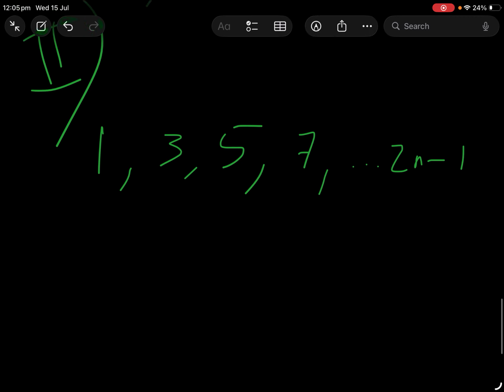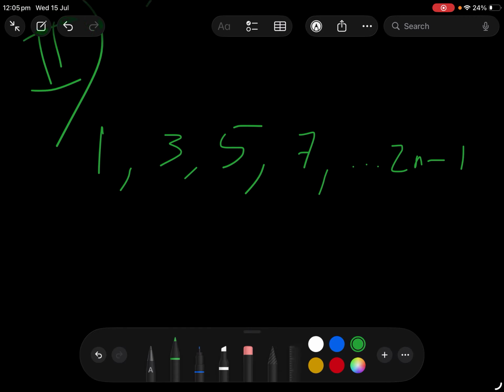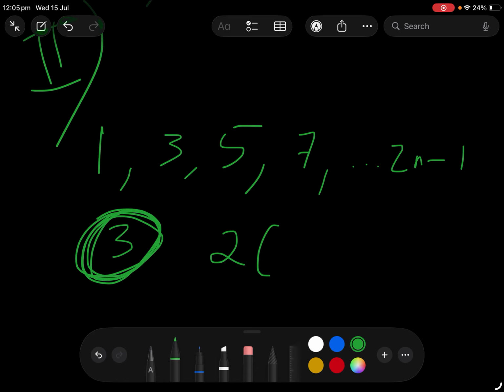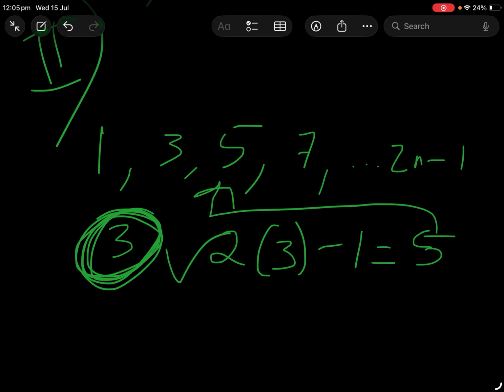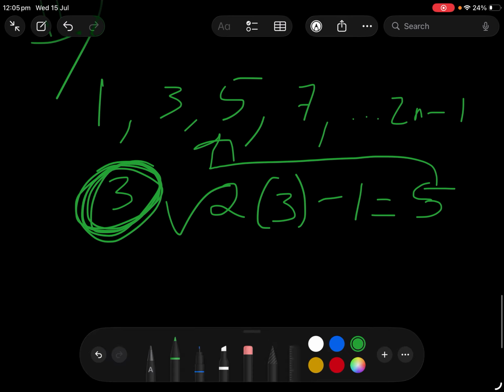Let's check what will be the third odd number. 2 times 3 minus 1, this will be 6 minus 1, that is 5. Is our third odd number 5? Yes, our third odd number is 5. So yes, our formula is working.